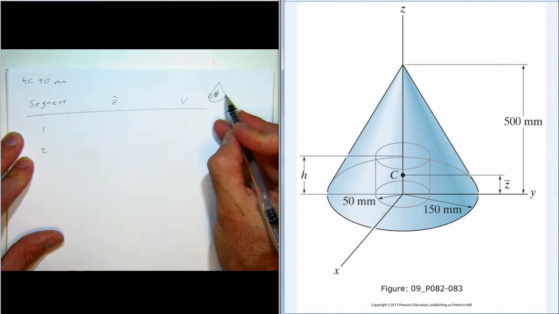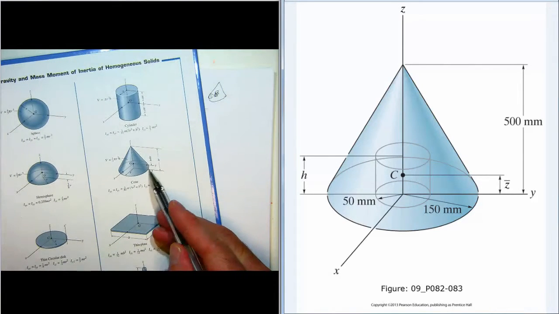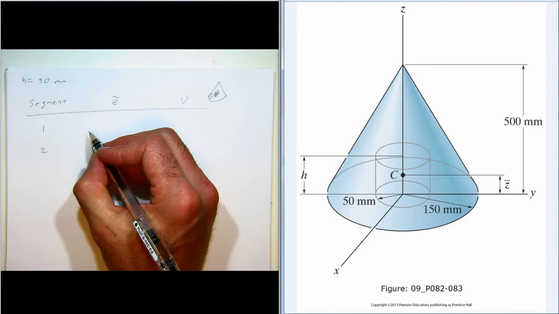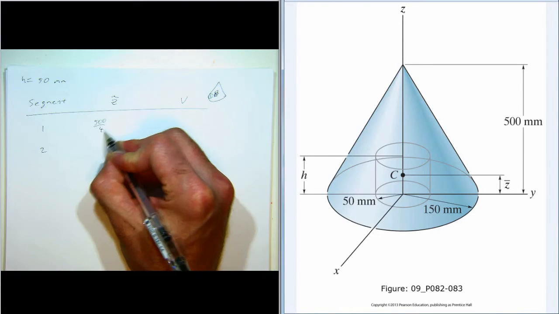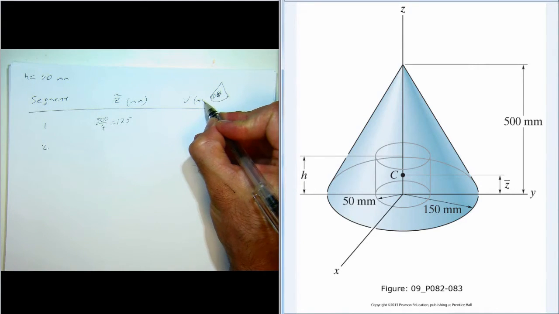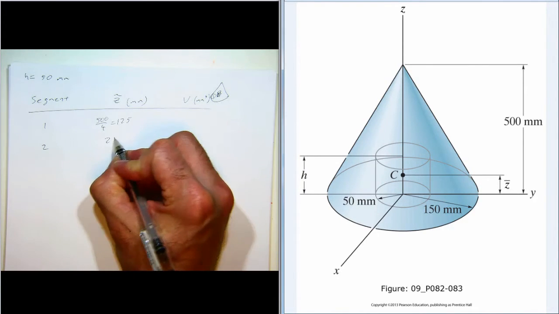For a cone, and this is where we refer to the inside of the back cover of the book, which has equations for these 3D shapes, the centroid is located at h over 4, and in this case that's 500 over 4. This is in millimeters cubed for volume. Z2 for a cylinder, the centroid is just half the height, so that's 25.